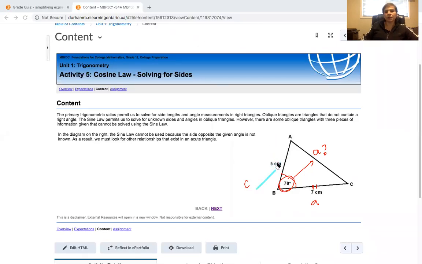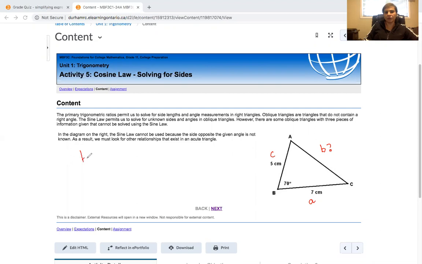So what is the cosine law and how can I use it? Because I know the two sides and the angle between them, so I know side C and I know side A and I know angle B, I'm looking for side B. So in this case, because I'm looking for side B, the formula is going to look like this.